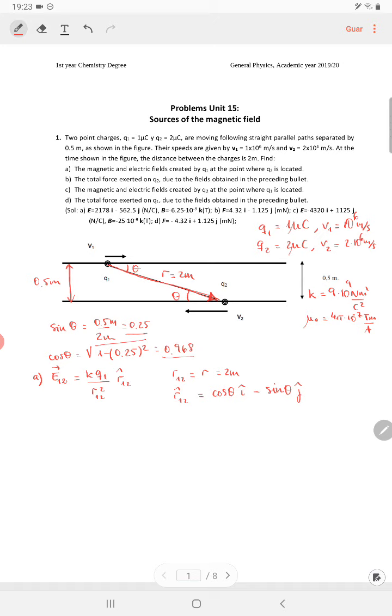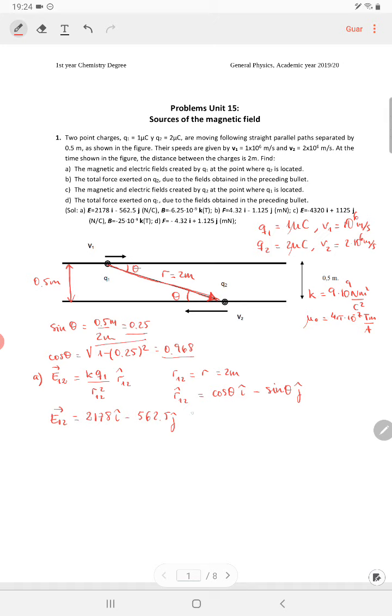So putting everything together, because we have K and we have Q1, this electric field is going to be equal to 2178 unit vector in the x direction minus 562.5 in the y direction.